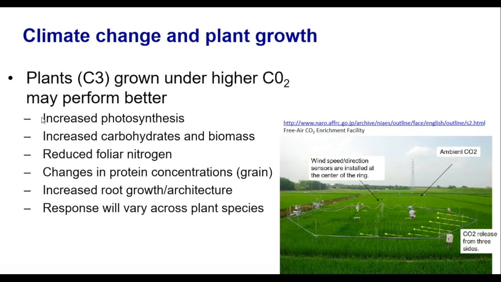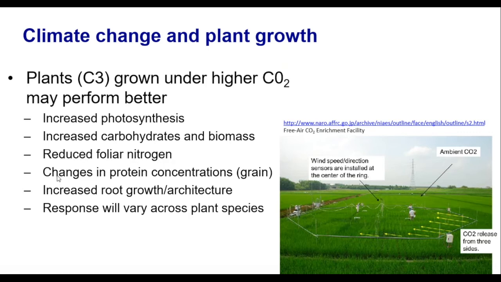The studies which have been done in cabinets, and sometimes even in open air, in these sophisticated experiments, are actually releasing CO2 to increase the CO2 in that plot, and then measuring plant growth parameters. So there may be increased photosynthesis, increased carbohydrates and biomass, but also reduced foliar nitrogen.